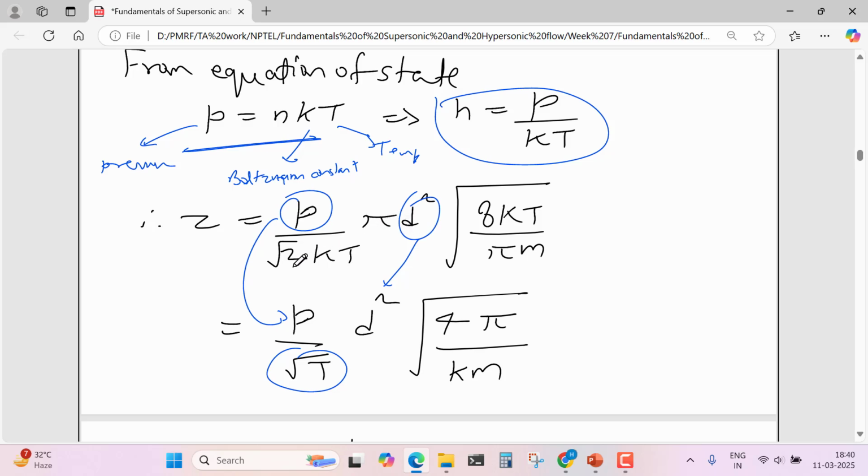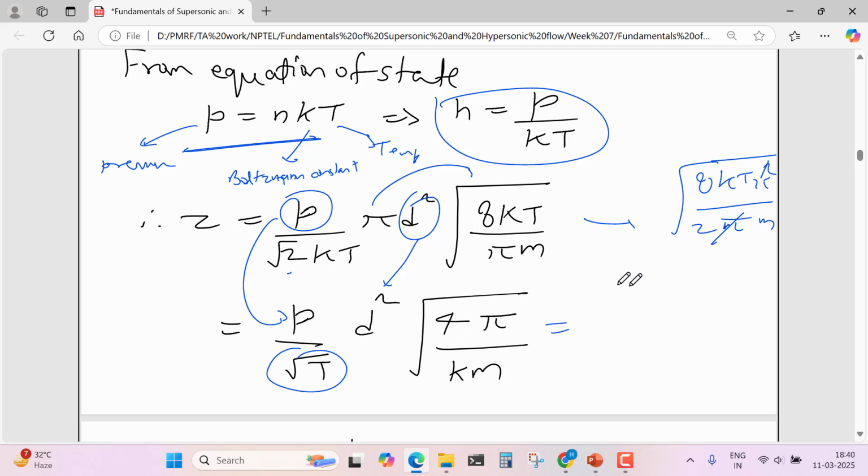Now we will take this root 2 and pi inside the root. So it will come under root 8kT pi square upon 2 pi m. The pi will cancel, and this 2 will cancel with 8 and become 4.